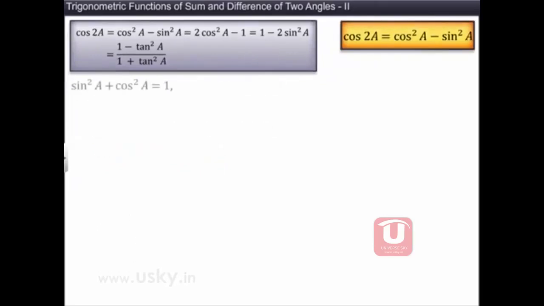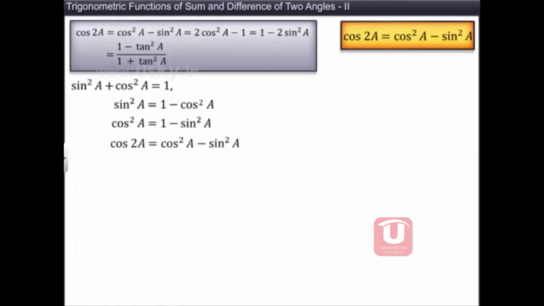We know that sin square A plus cos square A is equal to 1, or sin square A is equal to 1 minus cos square A, or cos square A is equal to 1 minus sin square A. It implies that cos 2A, which is equal to cos square A minus sin square A, can be written as cos square A minus of 1 minus cos square A, or 2 cos square A minus 1.